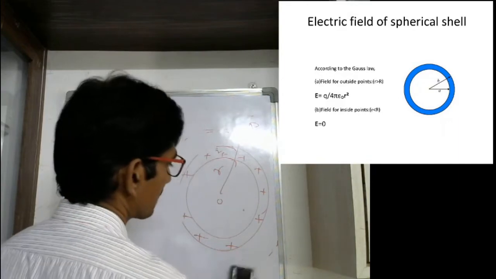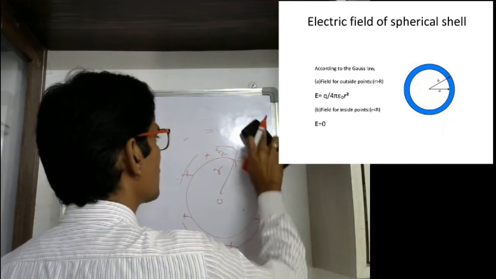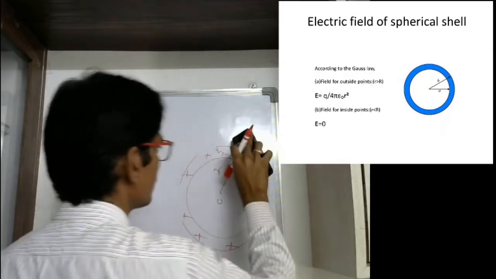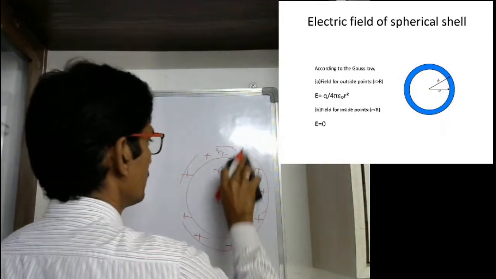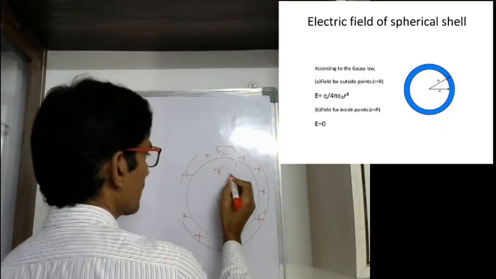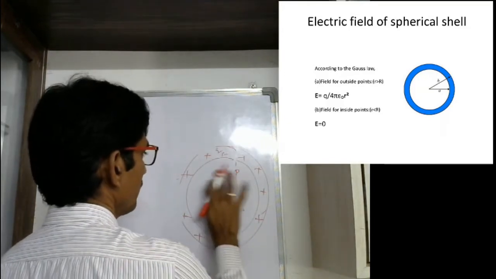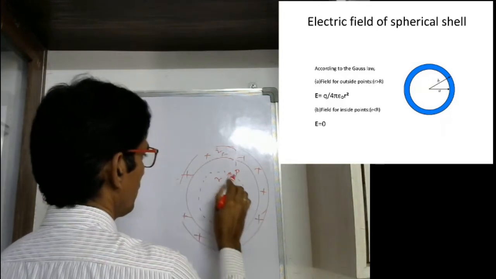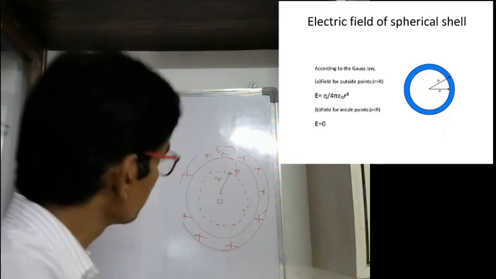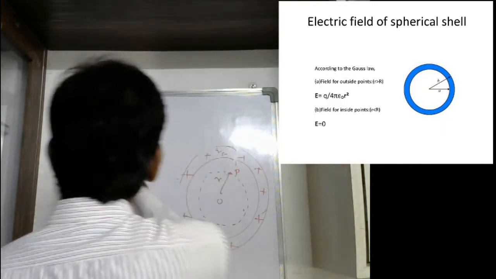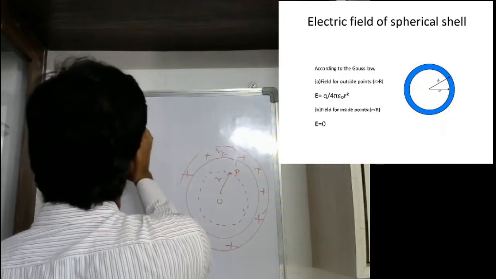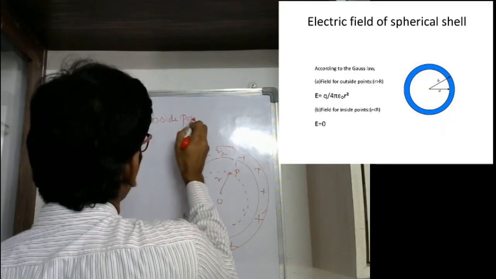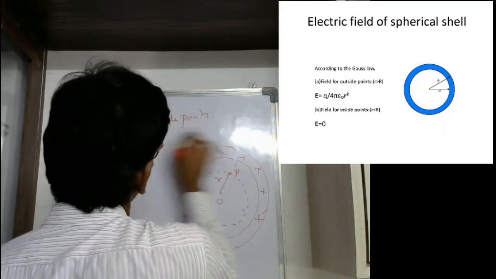Now let us consider the inside points. We are considering a point here, which is also at distance small r, for inside points.